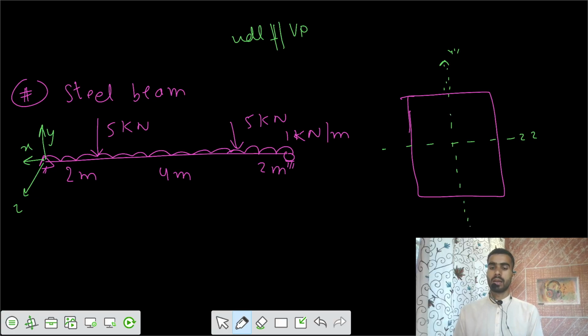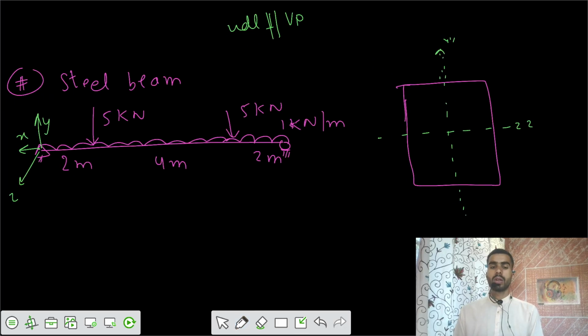The concentrated load is acting in a way that it makes an angle theta of 30 degrees. So P equals 5 kilonewton, making an angle of 30 degrees with the vertical axis.